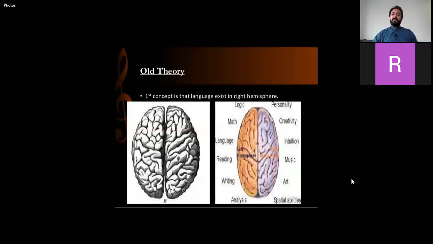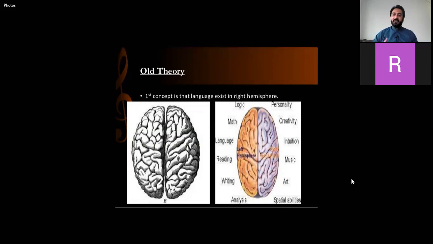There was an old theory relating to psycholinguistics, and the old concept was that all the language exists in the hemisphere of human brain, and it exists in the right hemisphere. As you can see in the picture, it exists in the right hemisphere.